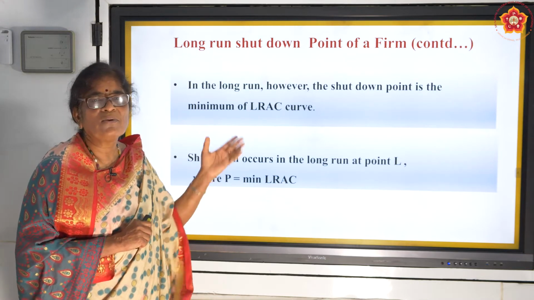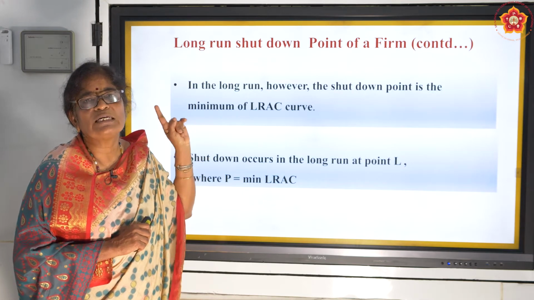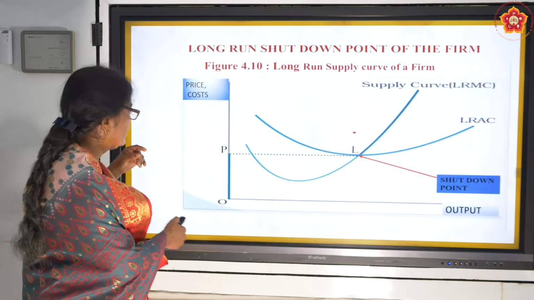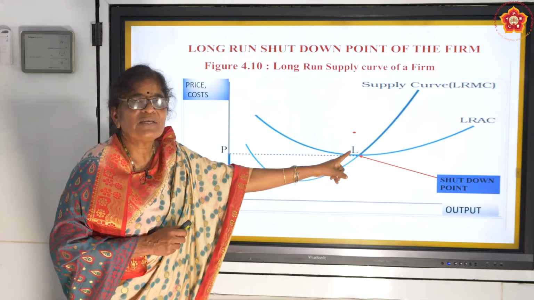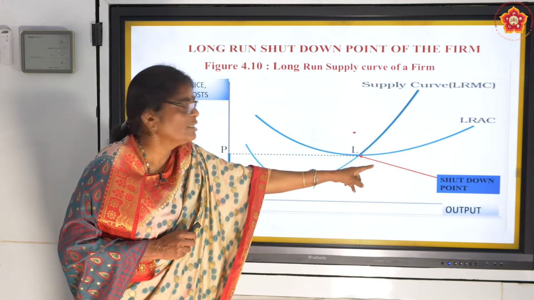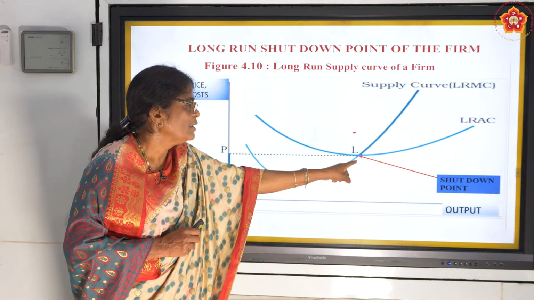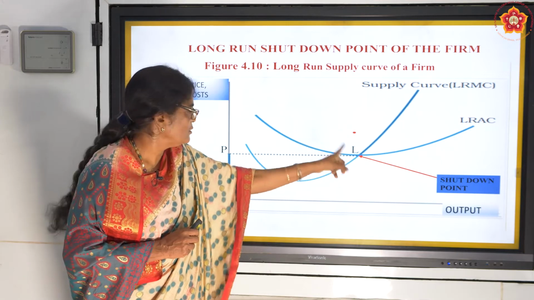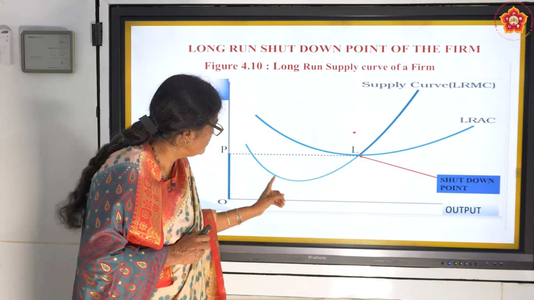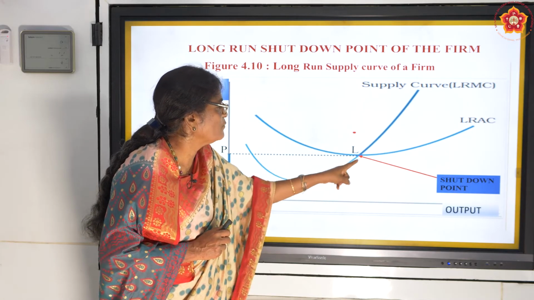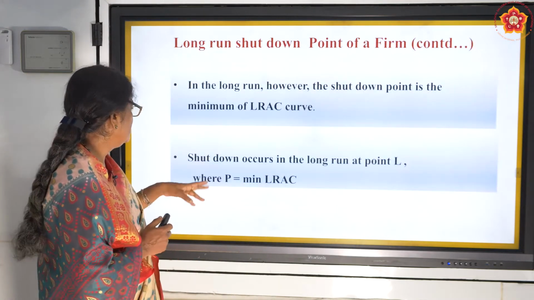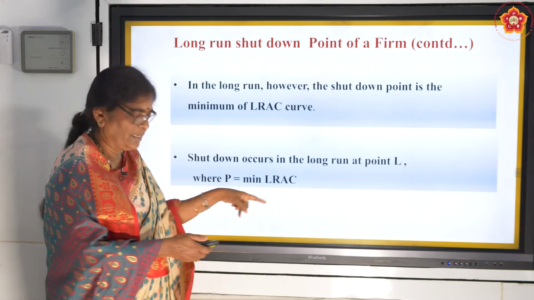We know for the long run it is the minimum LRAC, and for the short run it is the minimum AVC. The shutdown point occurs in the long run at point L, where the condition is P equal to minimum LRAC. Therefore, the condition for the shutdown point under long run production is that price should be equal to minimum LRAC. The LRMC curve also cuts at that point L, which is called the shutdown point.